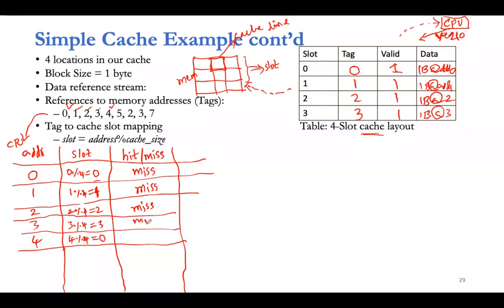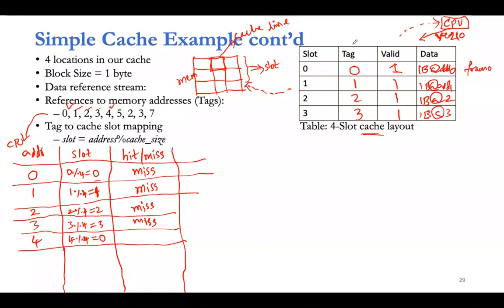In this case, let's see whether it is a miss. In the 0th slot, it goes and checks the valid bit, and the valid bit is 1. When the valid bit is 1, it assumes that the data in this frame is valid.